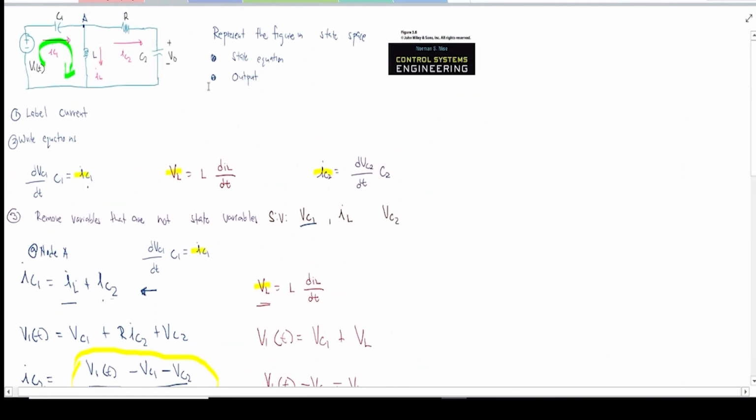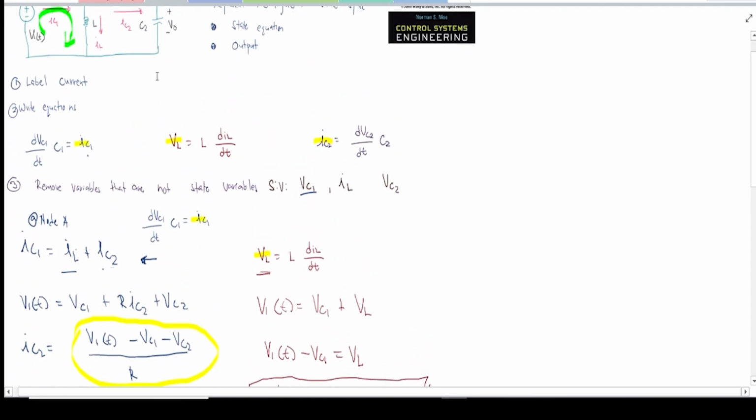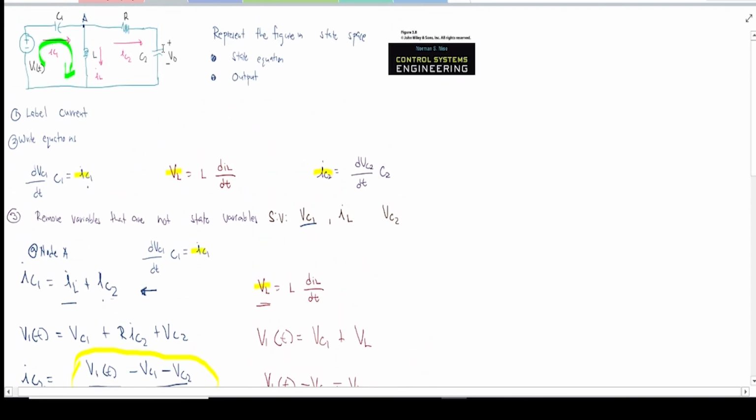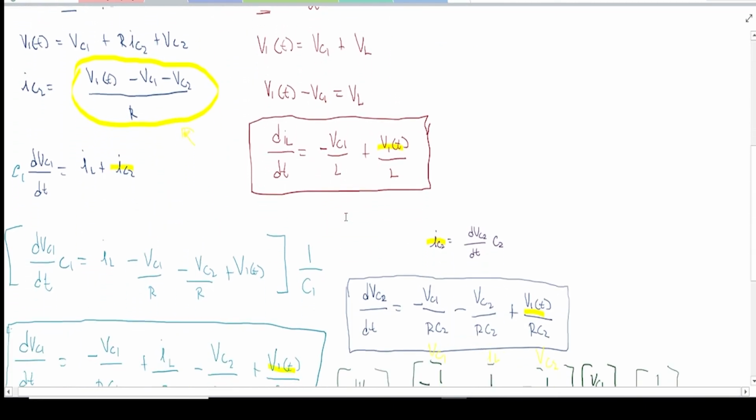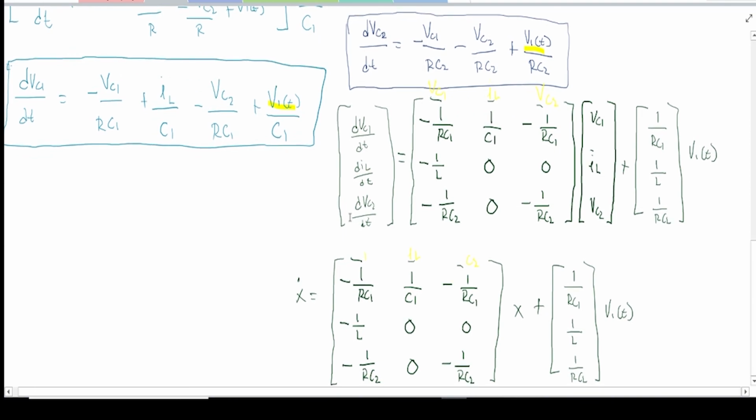the output of this one. So the output for this one is VC2, which is again a state variable. So we do that here. VC2 is equal to VO. Okay?